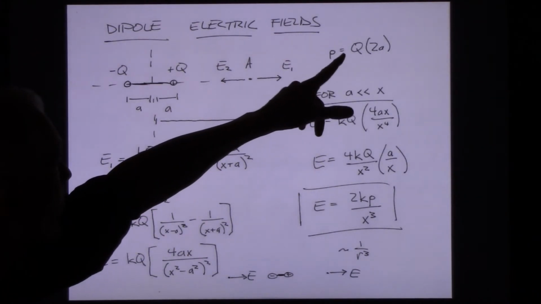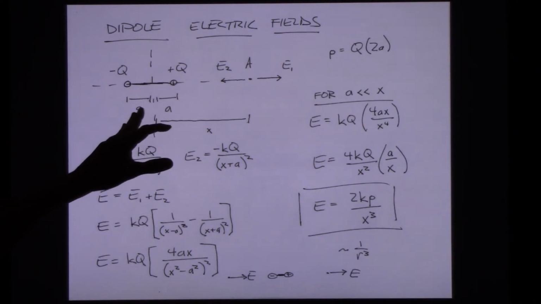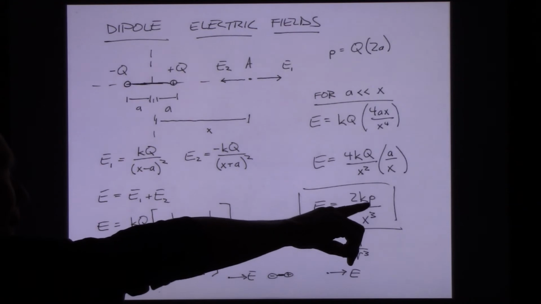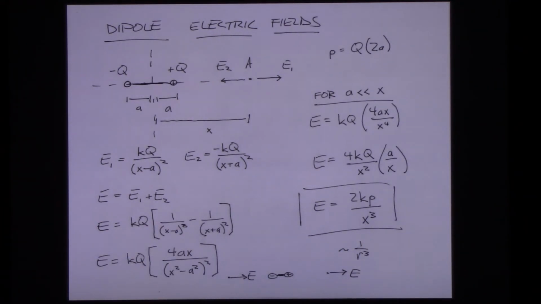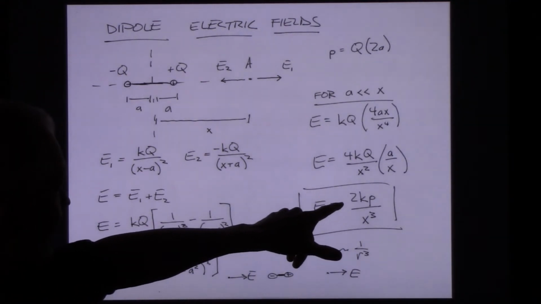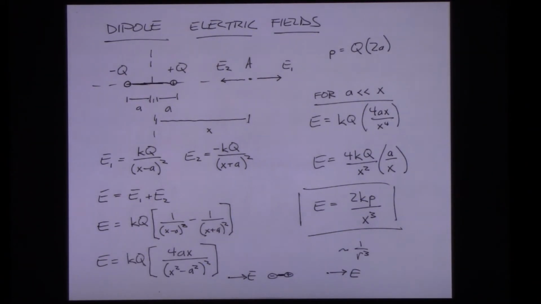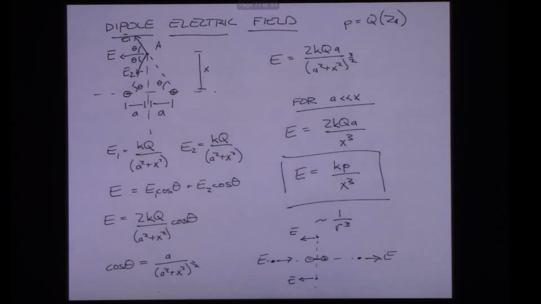Now remember, the dipole in this example is q times 2a, so I factored those out and replaced them with a dipole. So the E field along the axis is 2k times the dipole over x to the 3rd. There is the r cubed expression.